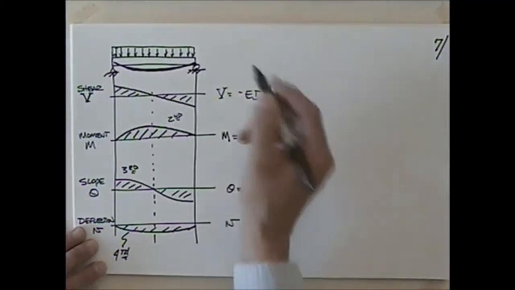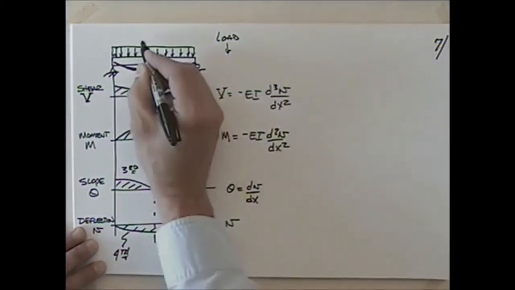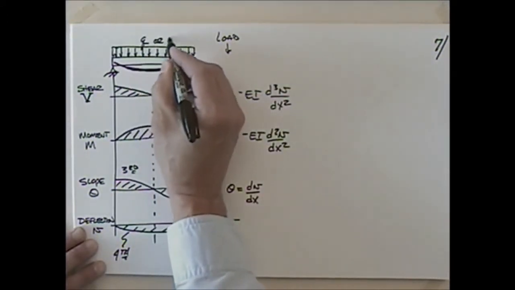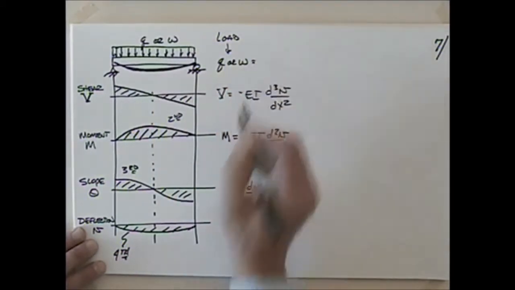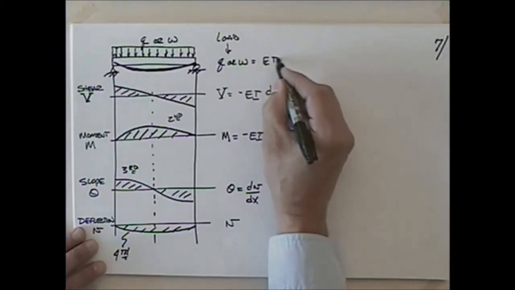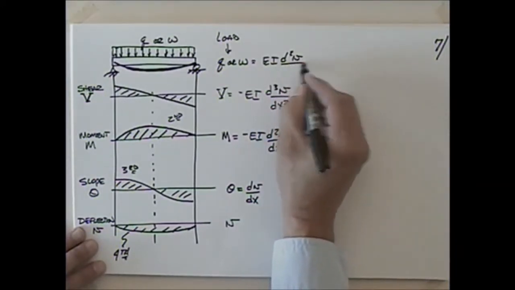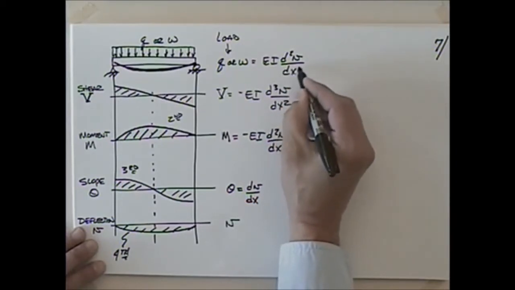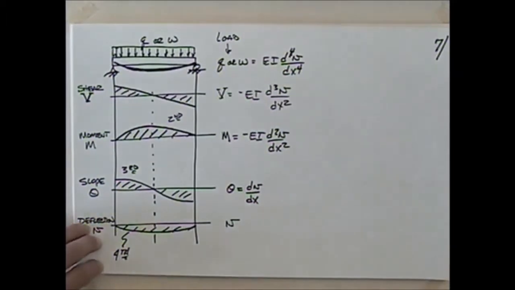And I guess that can get me up to the load, which I could say was q or w. So q or w is going to be equal to EI times the fourth derivative of v, the fourth derivative of the deflection with respect to x.